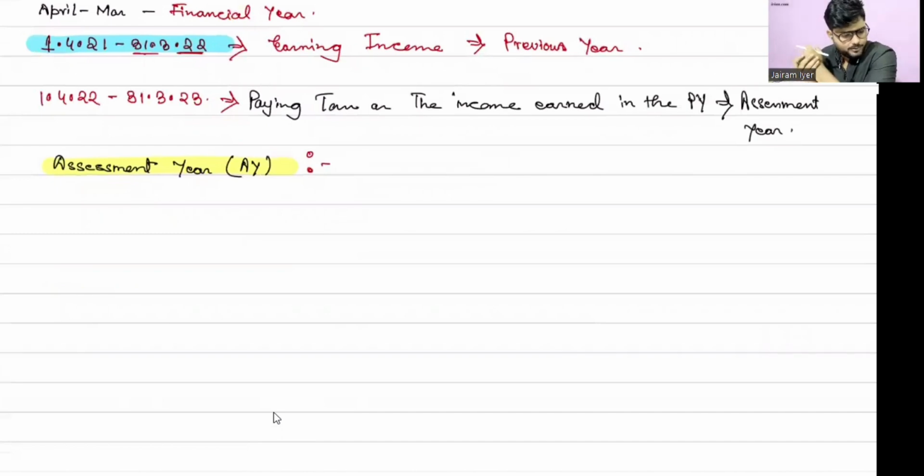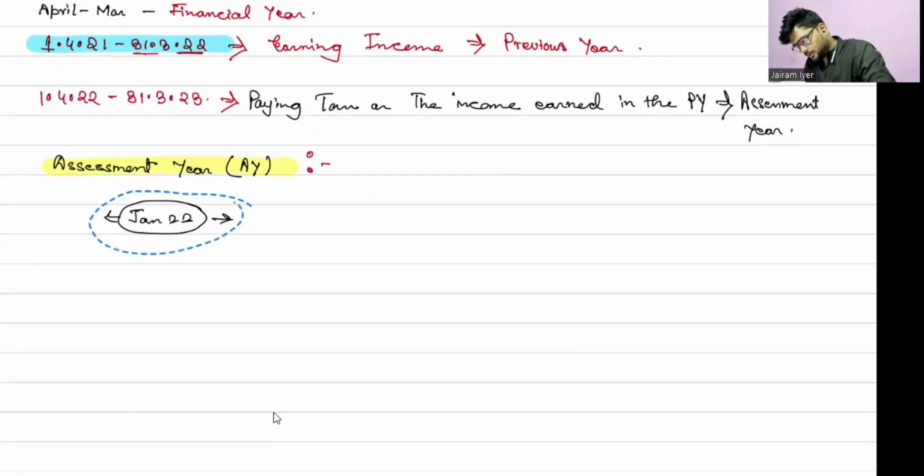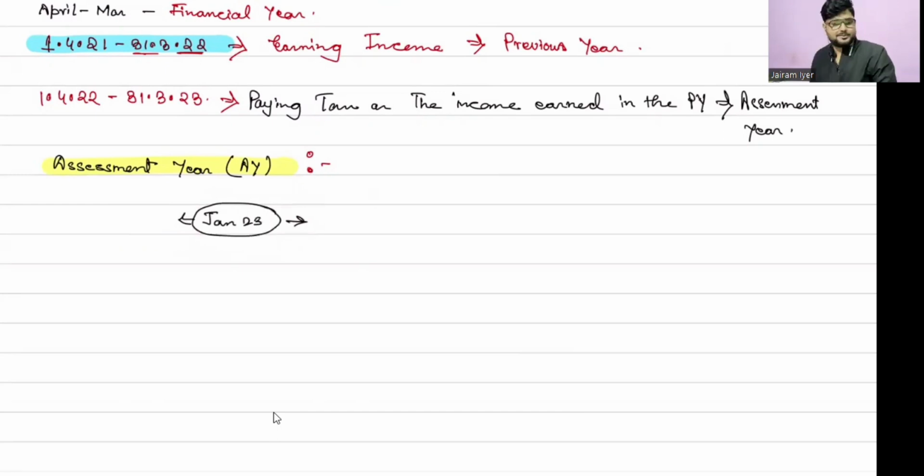If I talk from the point of view of April to March, where are we standing right now? We are standing in the month of January 2022, correct? So what will be before it and what will be after it? If I talk about March and April. January 2023, sorry, I'm still in 2022.